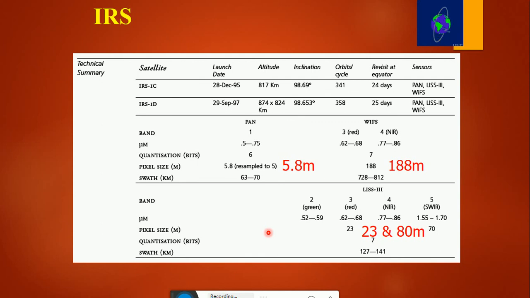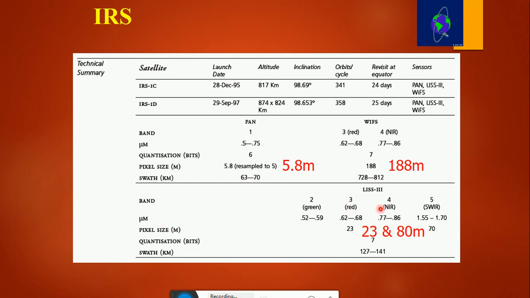Cartosat-1 launched May 2005. Launch location Sriharikota, India. Nominal altitude 618 km. Orbits per day 15. Orbital repeat cycle 116 days. Node for payload operation: descending node, and local time for equatorial crossing 10:30 am, inclination 97.8.